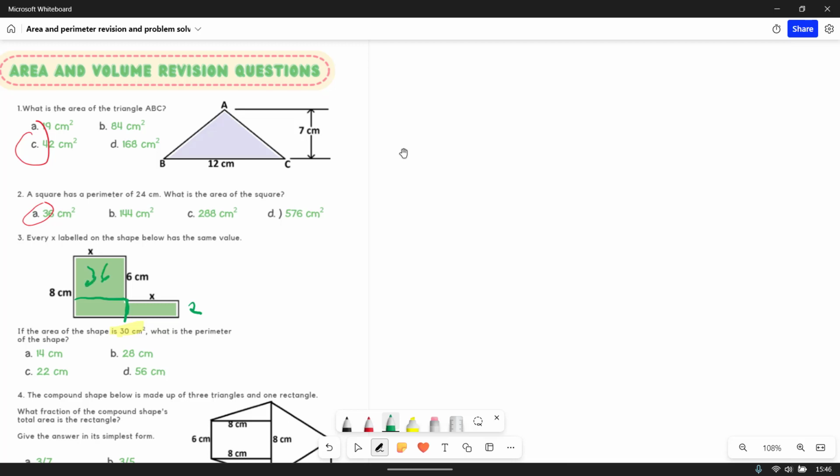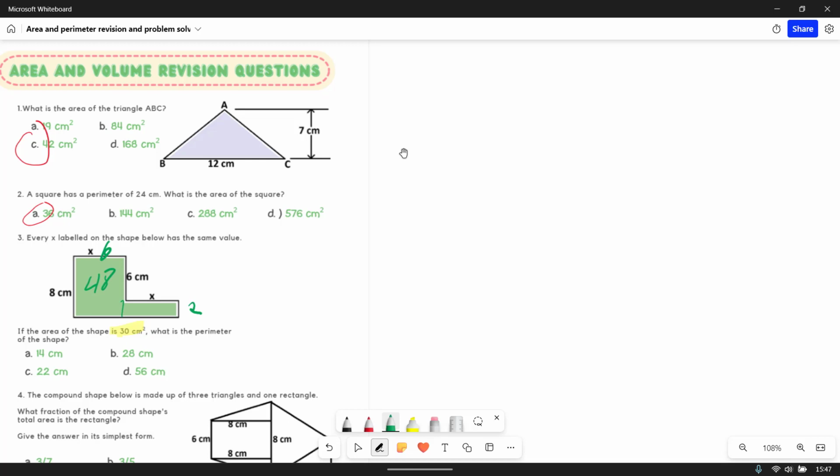This bit here is 6, and this bit has got to be 8. So 6 times 6 is 36. So if this is 6, 8 times 6 is, so this whole thing, 8 times 6, 48.